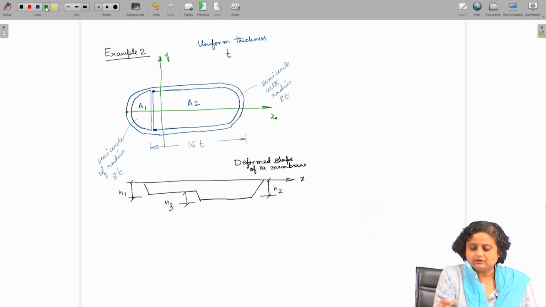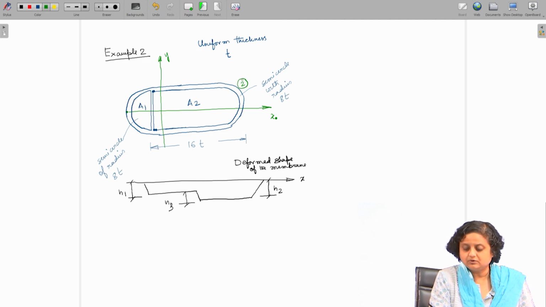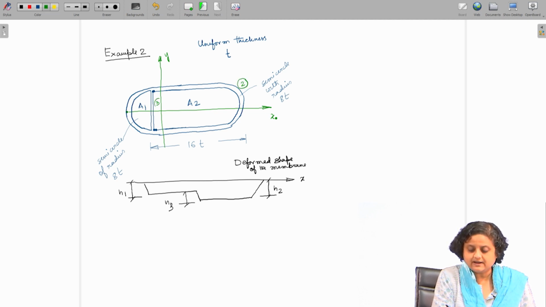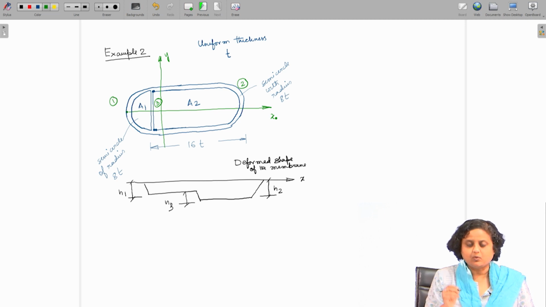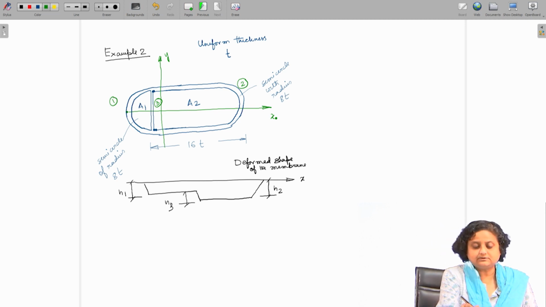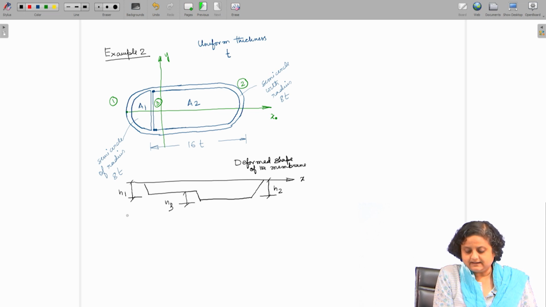So, let me call this portion 2, this portion 3 and this portion 1. Now, from this membrane we can see that H2 is going to be H1 plus H3.